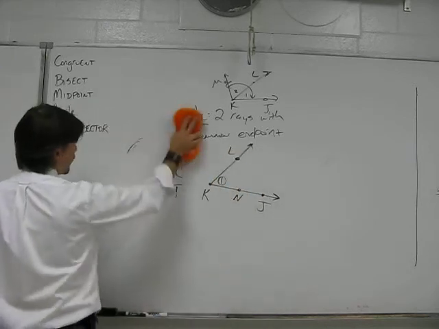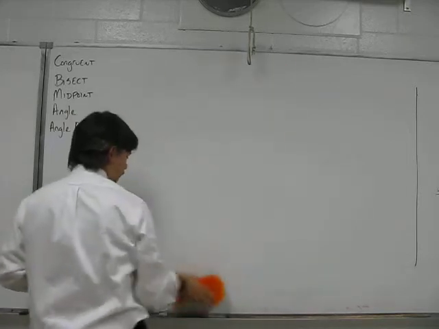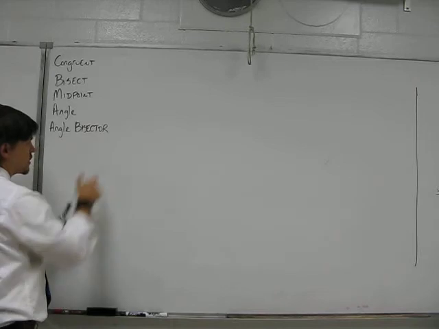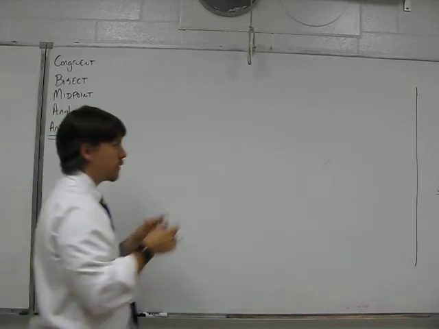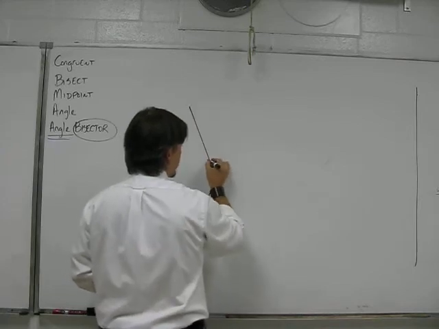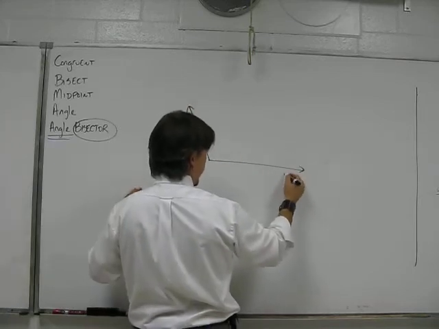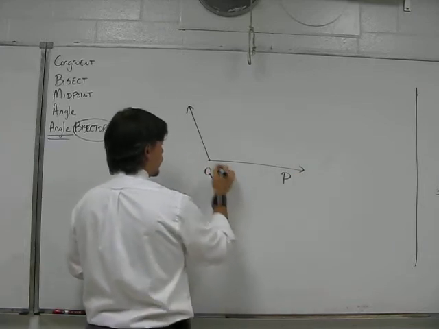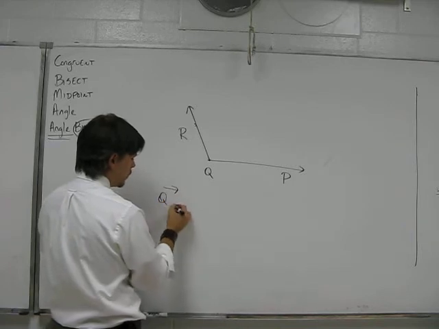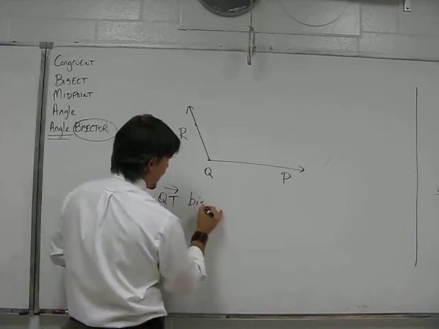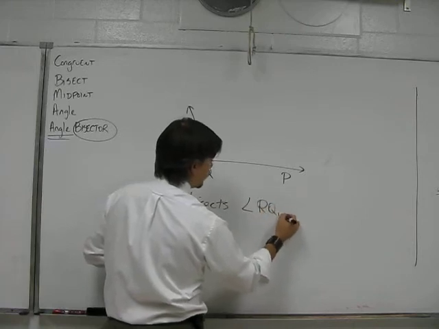Now, for the final one, an angle bisector. If I have an angle bisector, what does it do? It's the action of bisecting an angle. It's an action according to what it does. So if I have this great big old angle right here, and let's say that I'm on P, an angle Q, an angle R, and I say that ray QT bisects angle RQP.